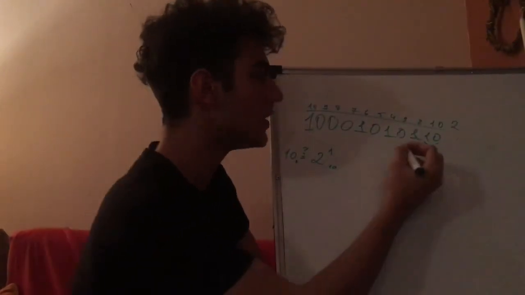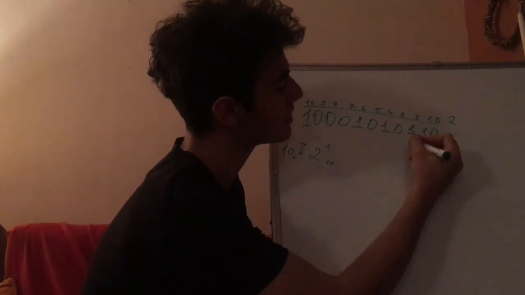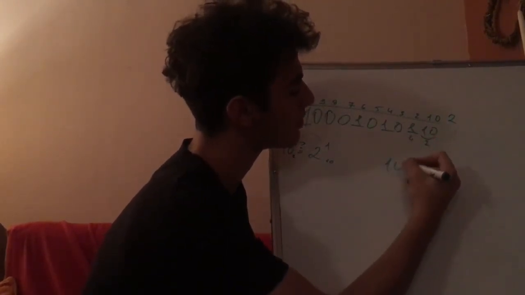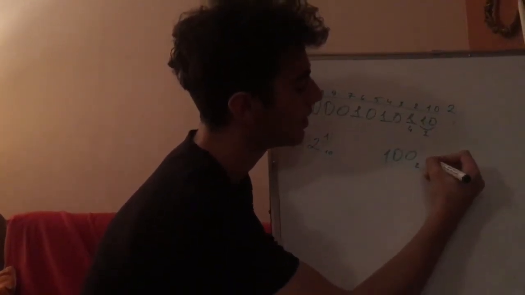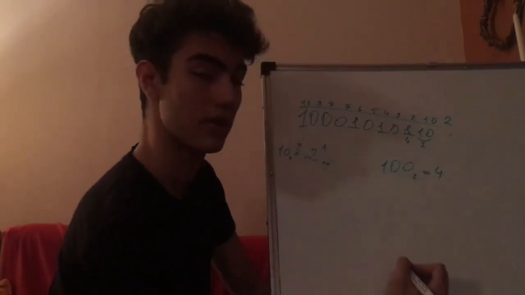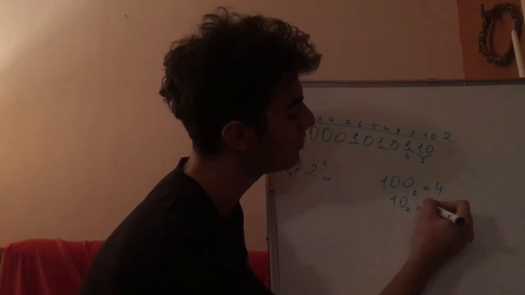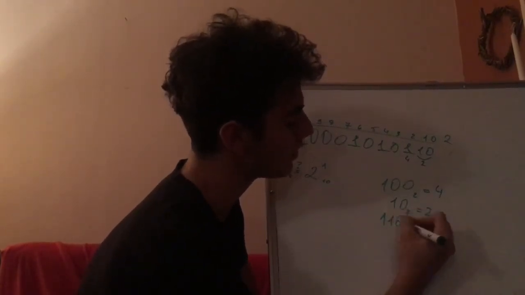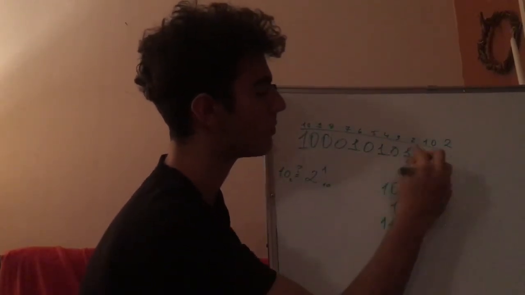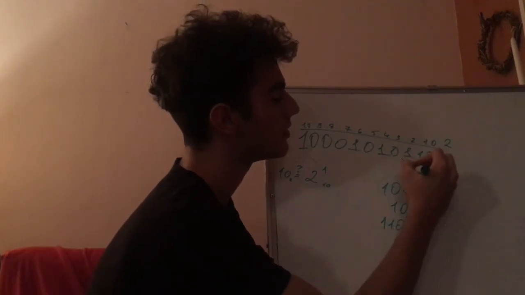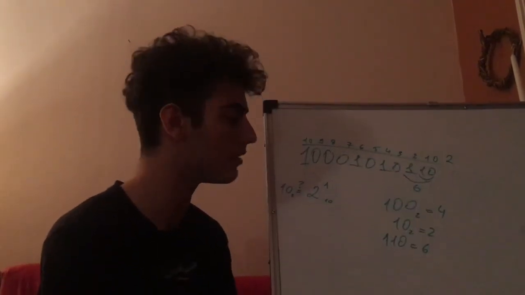So the next thing we know is that this is 4, right? 1, 0, 0 in the binary system means 4. And 1, 0 is 2. So 1, 1, 0 is 6. So we can replace all this with 6, right?